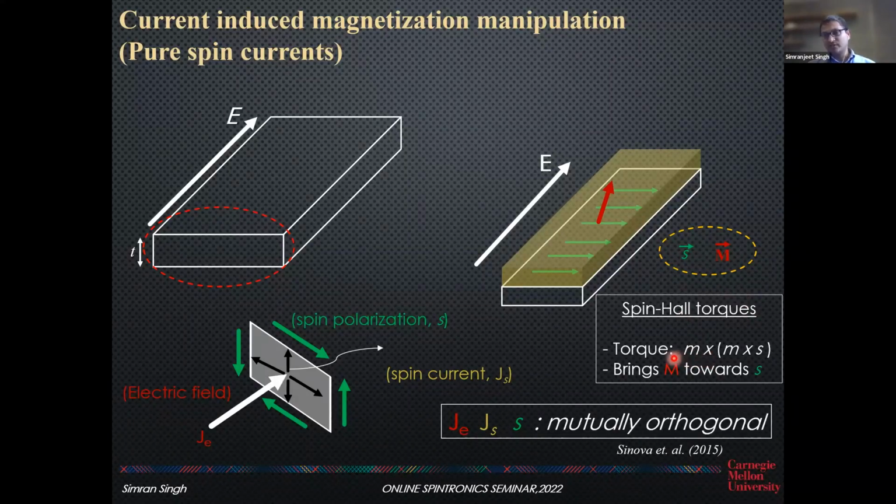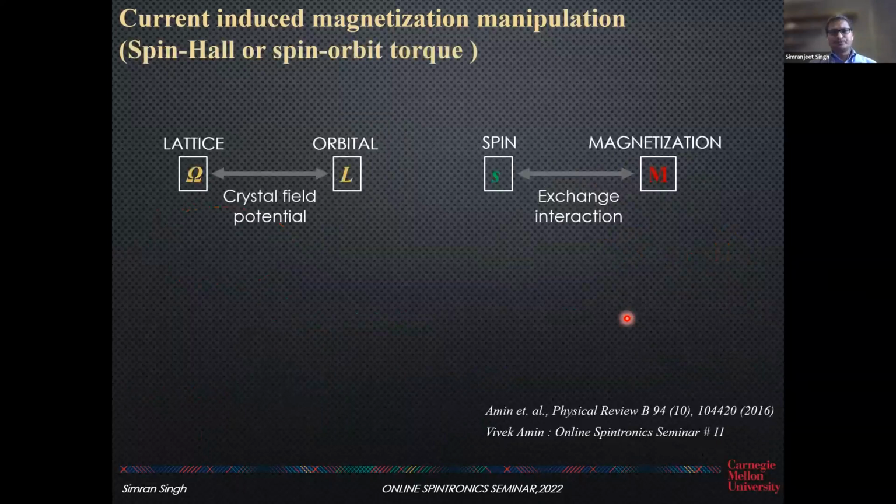There are different kinds of torques acting in this scenario, but something very common we deal with in this field is the anti-damping spin orbit torque, or you can say spin Hall torque. If this torque is strong enough, you can induce precession, or you can even completely switch the magnetization direction of this ferromagnetic film.